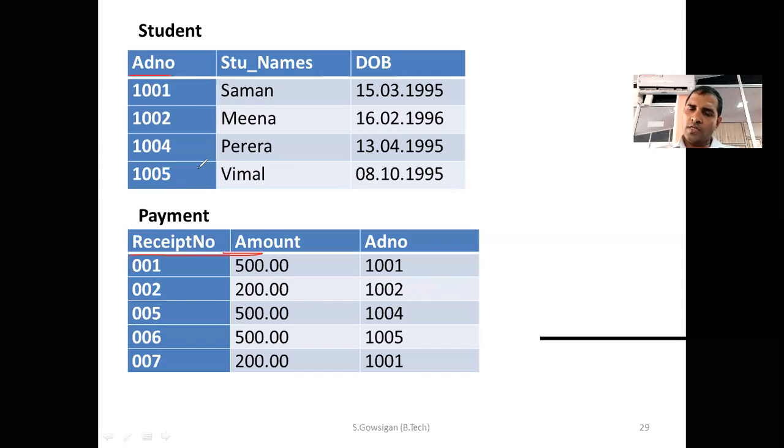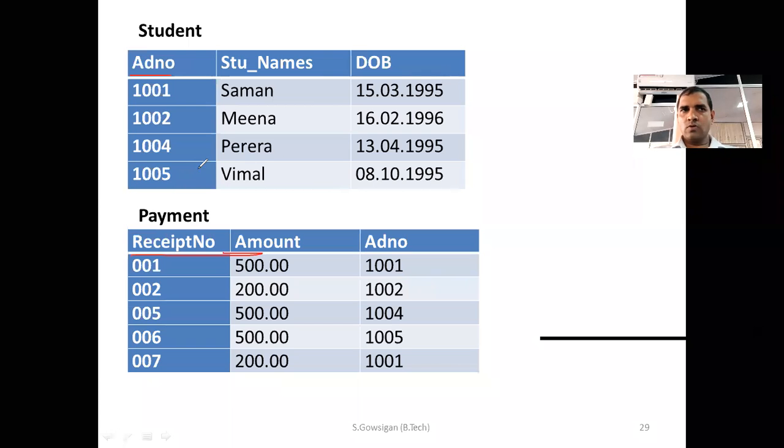Now go back and take that definition of foreign key again. What did I mention about foreign key? A field which has been set as primary key in one table, but not set as primary key in another table, then it is called foreign key in that particular second table.